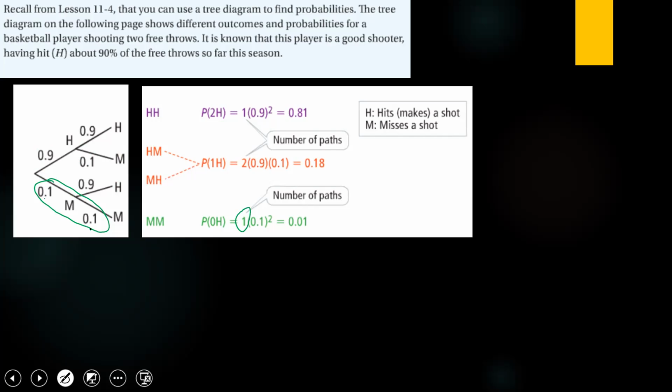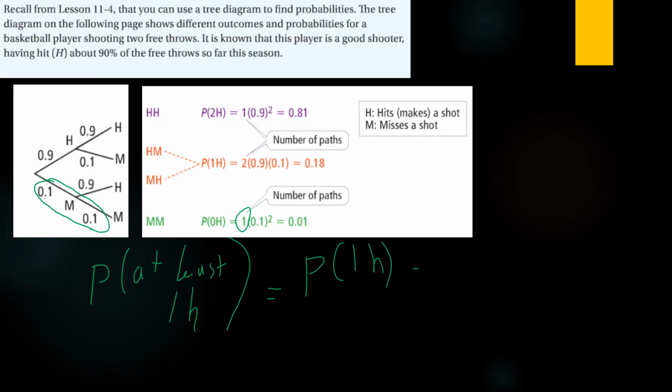Now, as an example, if I ask you to find the probability of at least one hit. What do we have? We have the probability of one hit only and of two hits.